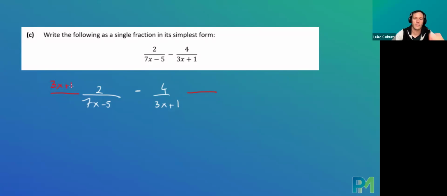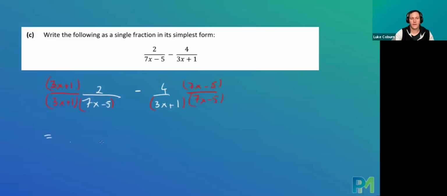I'm kind of a bit peculiar in that way, maybe, if you want to call it that. It helps me sort of break things apart, so whatever works for you. 7x minus 5. And now we're going to put brackets everywhere we need them, putting brackets all around each of the expressions.